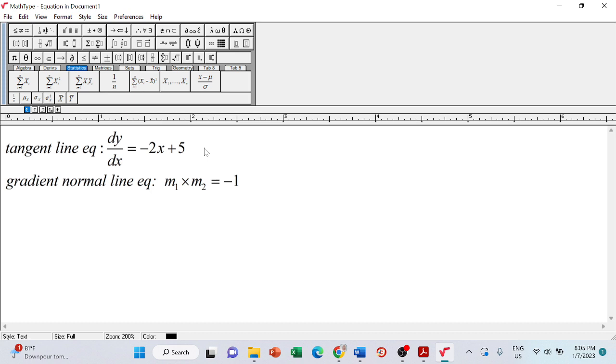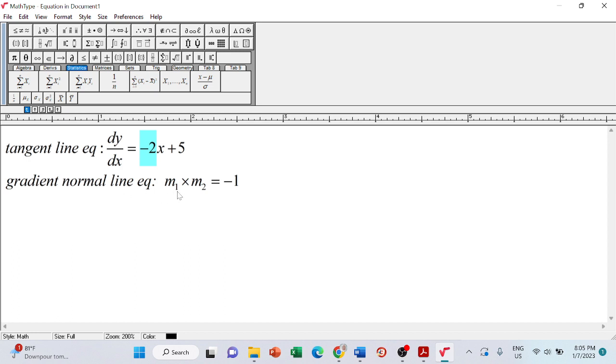Something like this one. So from this tangent line, for example, let's say the equation is dy/dx equal to negative 2x plus 5. That means the gradient is negative 2. M1, M2, you can assume any. M1 you can assume tangent, or M1 you can assume normal line.